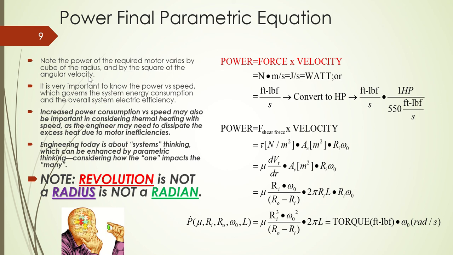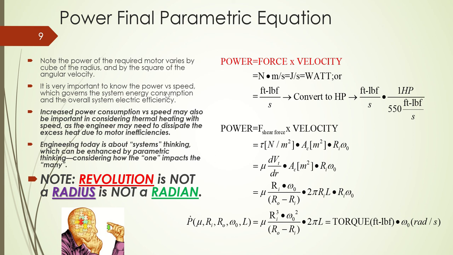So we know that the power of the required motor varies by the cube of the radius and by the square of the angular velocity. So note that the power varies as a function of the cube of the radius and the square of the angular velocity.